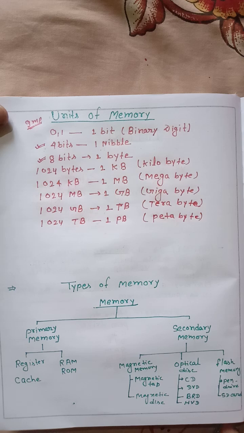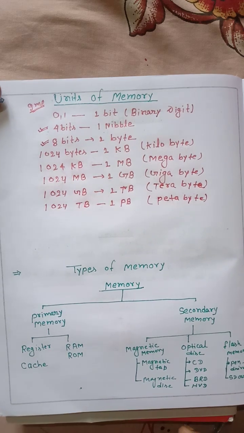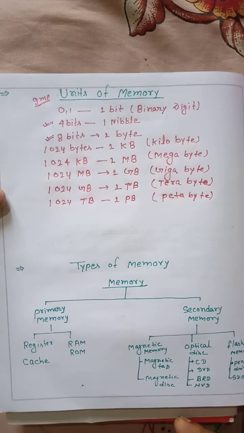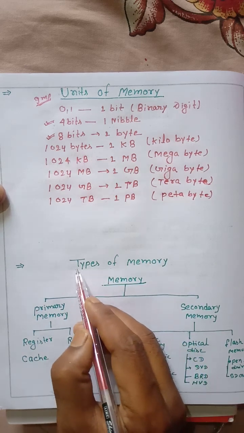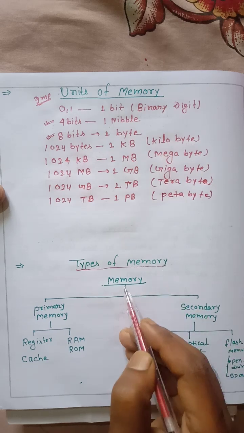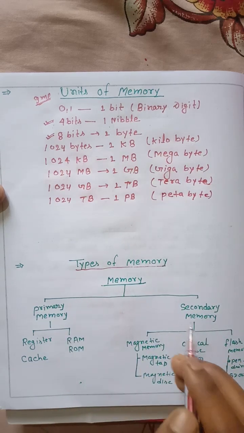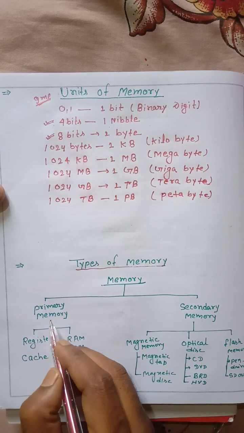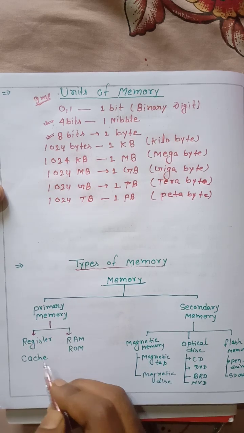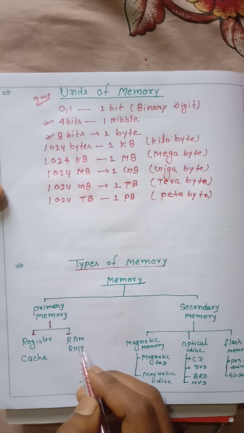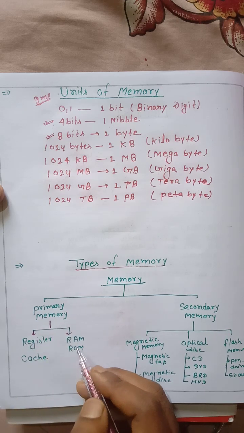Next, come to the types of memory. There are two types of memory: primary memory and secondary memory. In primary memory, we have register, cache, RAM, ROM. We have a question here.